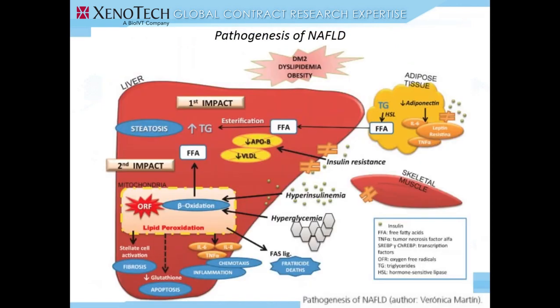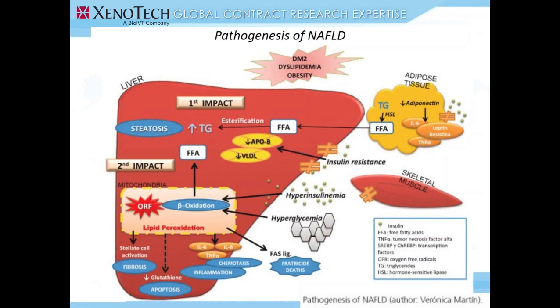One slide on the pathogenesis of this condition is to illustrate that this is not exclusively a condition that develops in the liver by the liver itself. As I mentioned earlier, diabetes type 2, dyslipidemia, and obesity are metabolic cofactors.